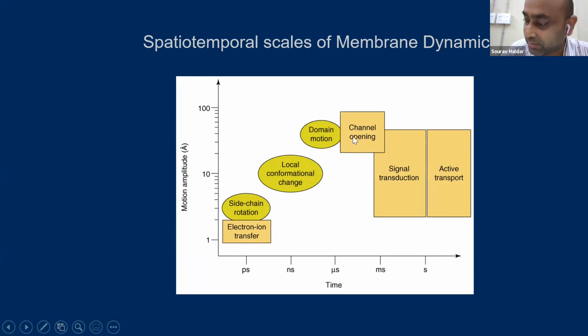If it is involved in an ion channel, then a channel opening, and then a particular signal which has been accepted by a receptor molecule will be transduced across the membrane into the cellular interior. Okay? So for that to happen, every dynamic component of the membrane has to work in concert.